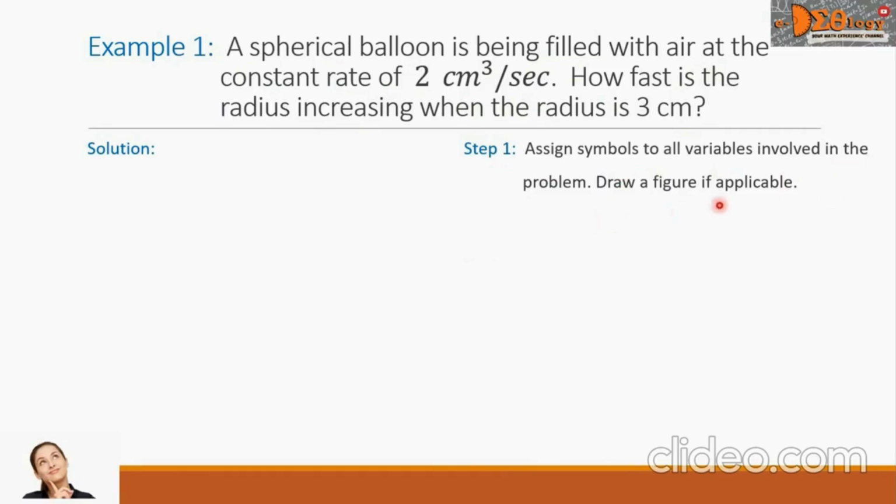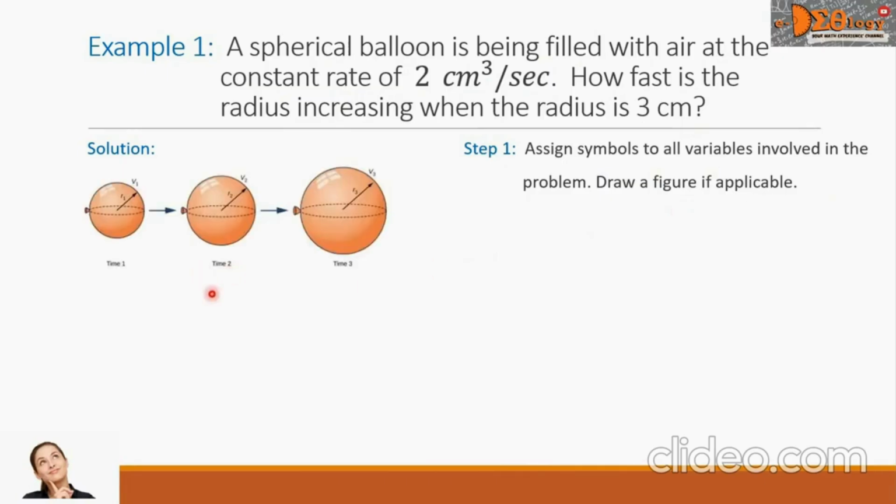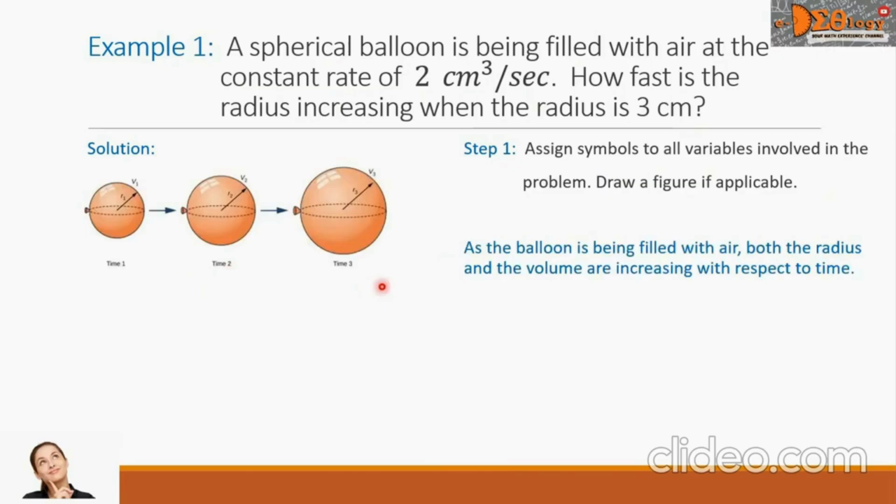Draw a figure if applicable. We have a figure here, and it shows that as the balloon is being filled with air, both the radius and the volume are increasing with respect to time. We let V be the volume and r equals the radius.